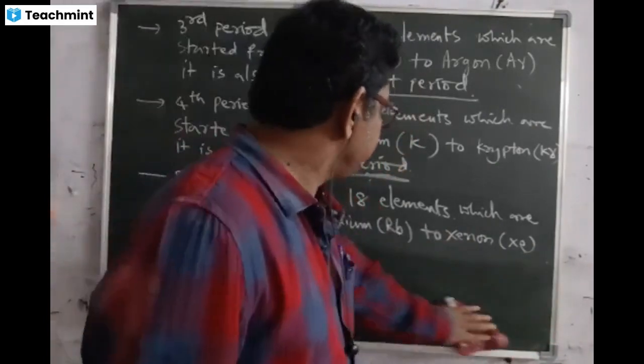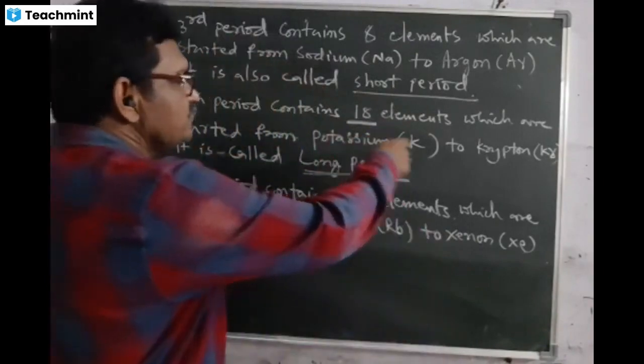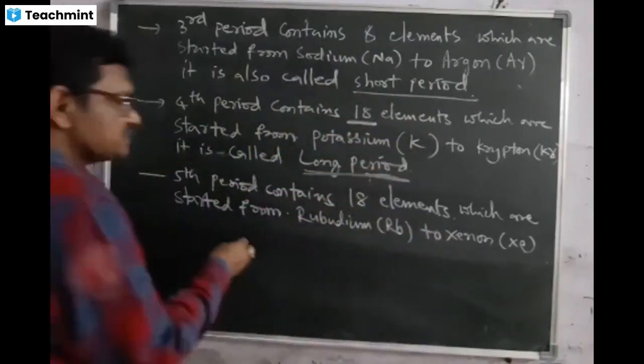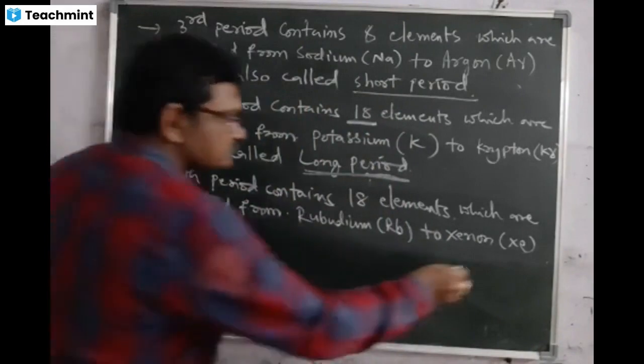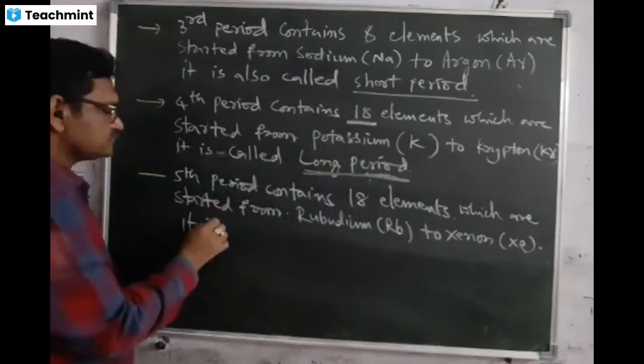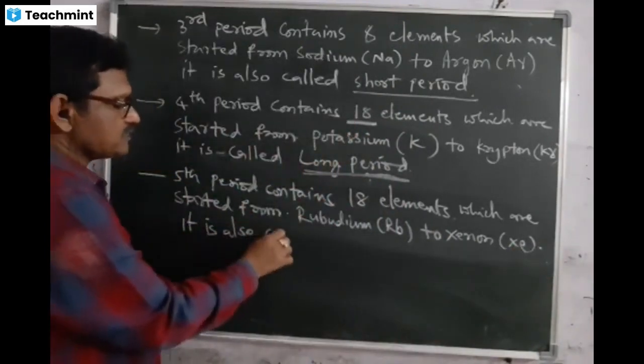A row of 18 elements is called a long period, so this is also a long period.